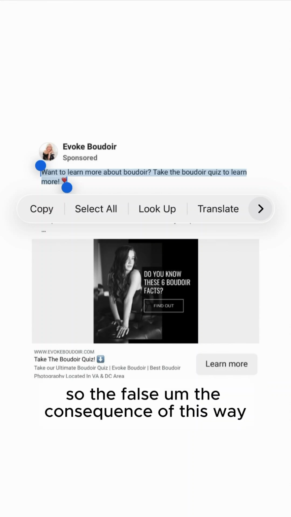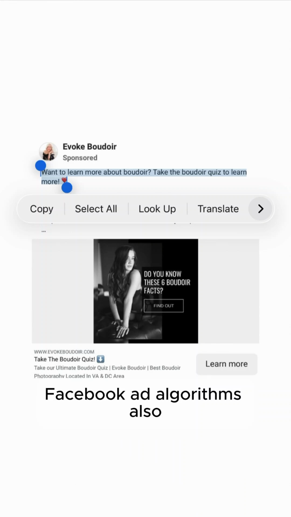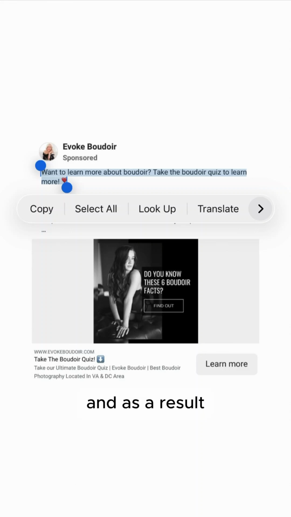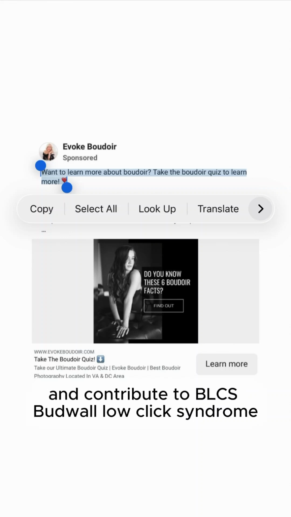So the consequence of this, way more women going to scroll by our ad than necessary. Facebook ad algorithms also going to be not as confident of who to show our ad to. And as a result, it's going to pull our unique CTRL under 6% and contribute to BLCS, Boudoir low click syndrome.